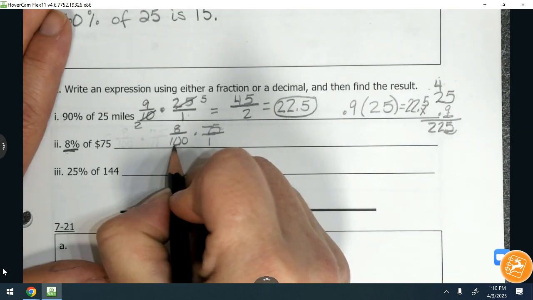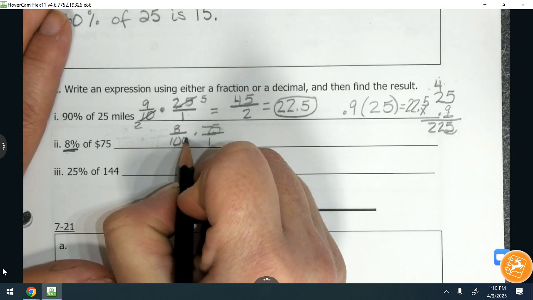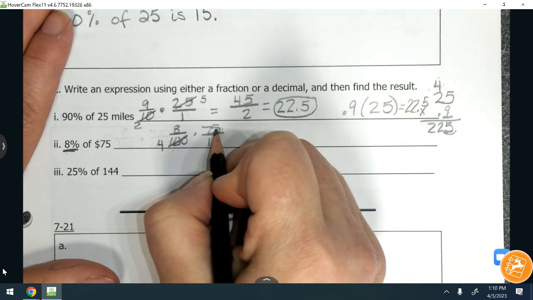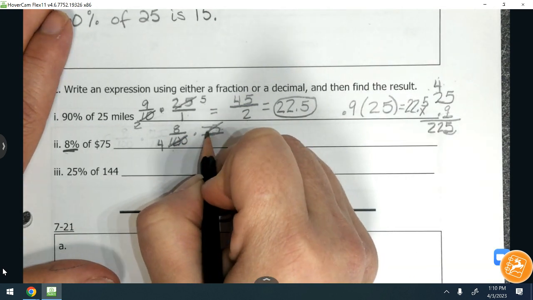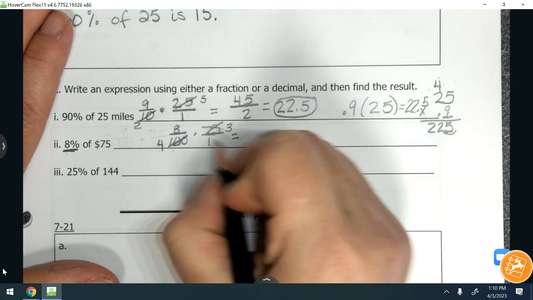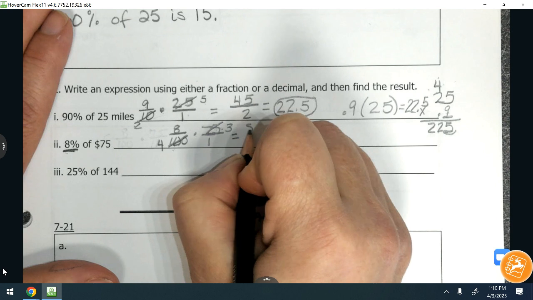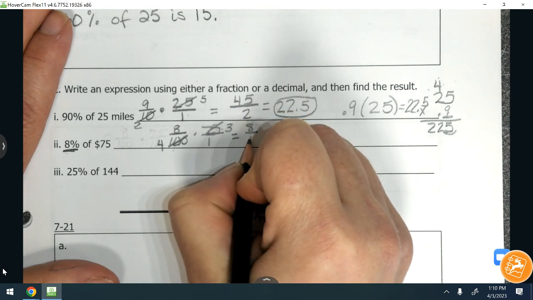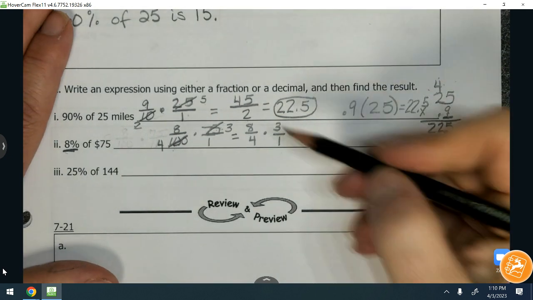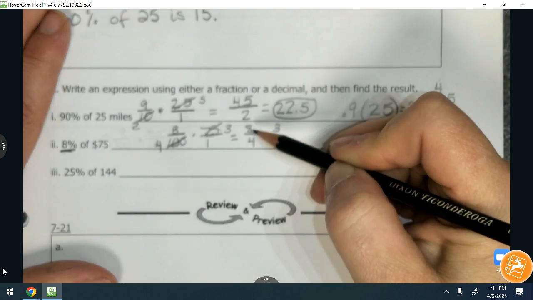So if I have $1 and I'm thinking of how many quarters are in it, that would be 4. How many quarters are in 75 cents? That would be 3. I'm going to rewrite it just because I'm always nervous that I do so much work and I confuse you guys. But now I see I can also reduce right here as well.